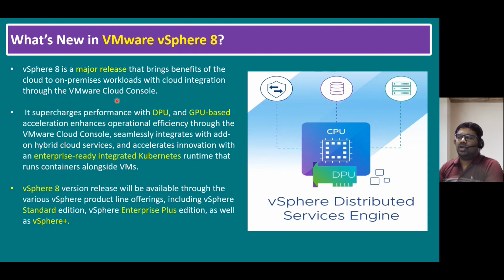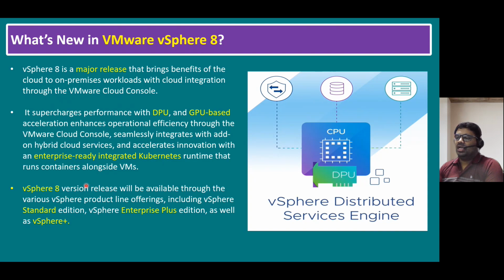Even with the VMware Cloud Console, we can integrate with our hybrid cloud services and accelerate innovation with an enterprise-ready integrated Kubernetes. That means vSphere with Tanzu and a runtime that runs containers alongside VMs. So along with our VMs, we can also run Kubernetes, vSphere pods, and containerized platform applications.